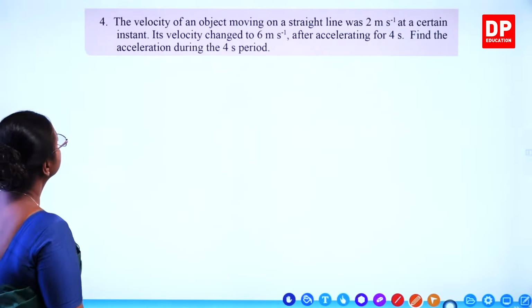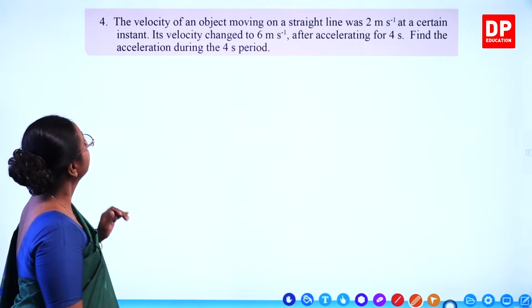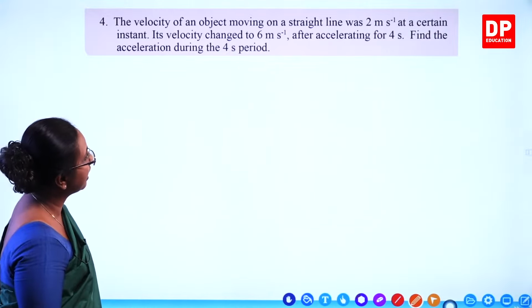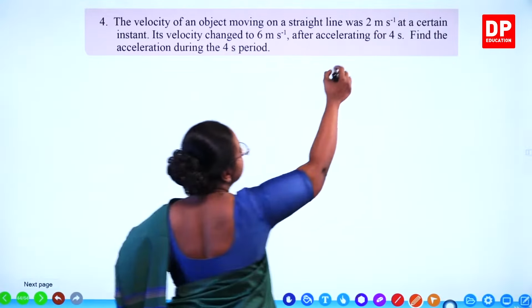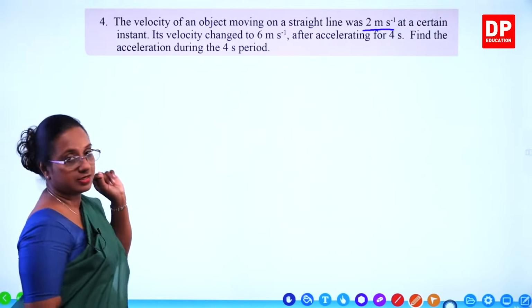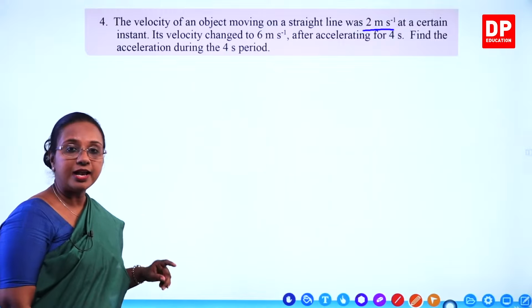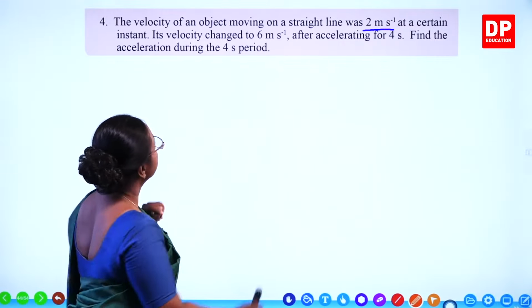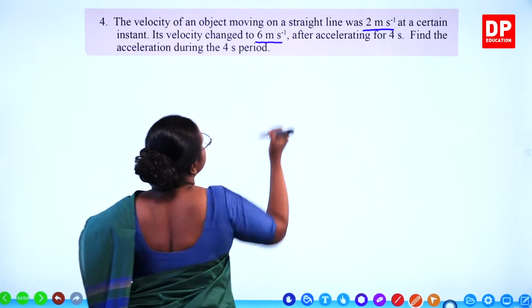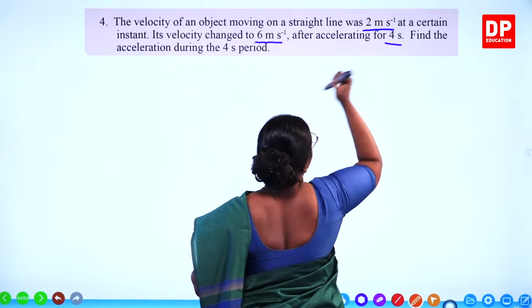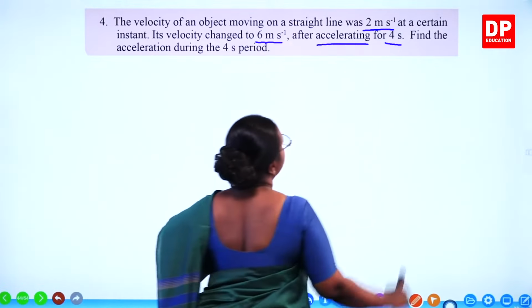Next question. The fourth one. The velocity of an object moving on a straight line was 2 meters per second at a certain instant. So here we look at a moving object. Velocity changed to 6 meters per second after accelerating for 4 seconds.